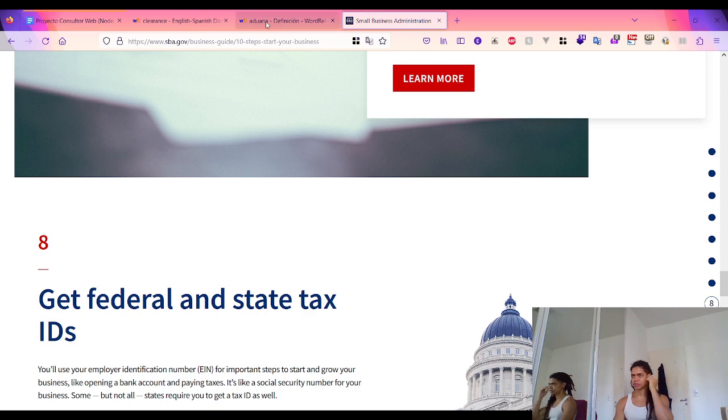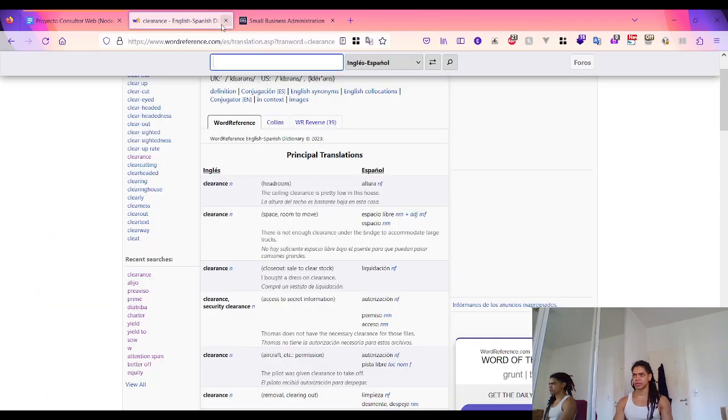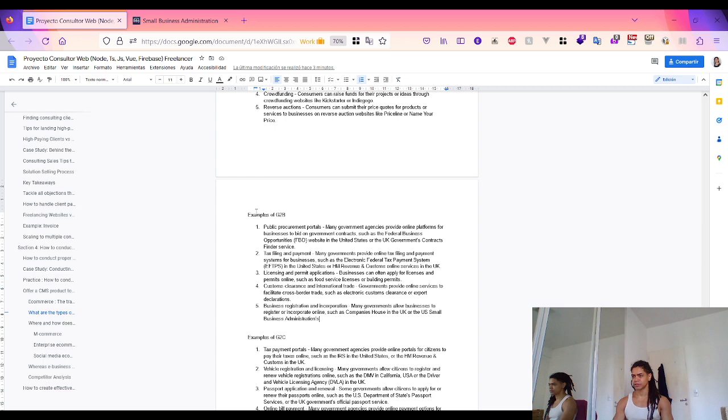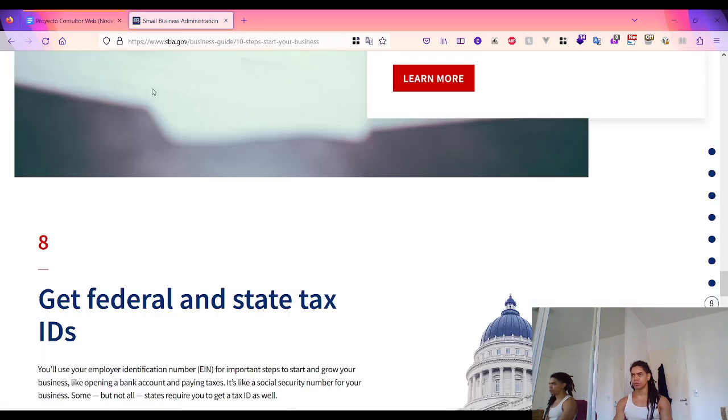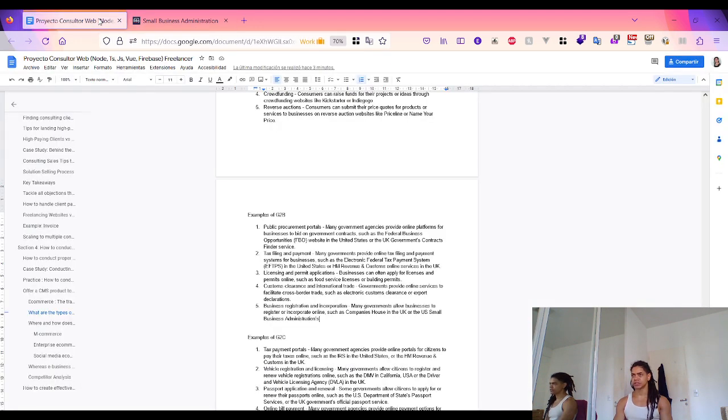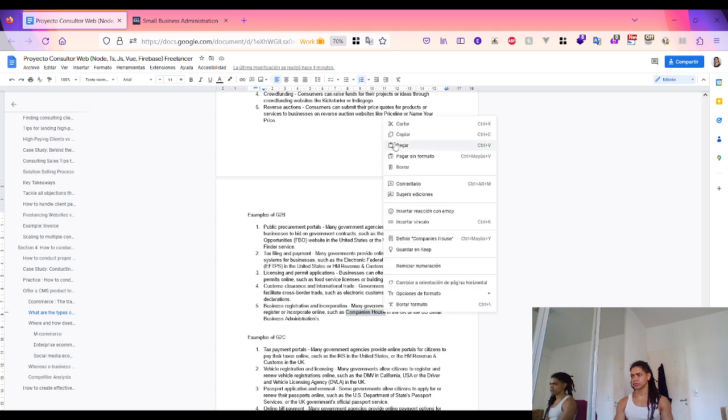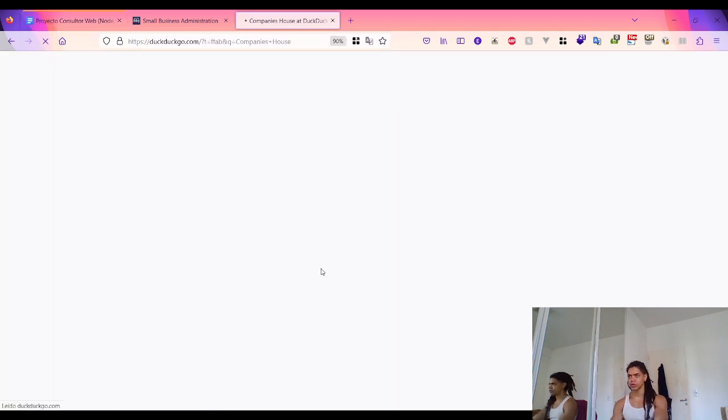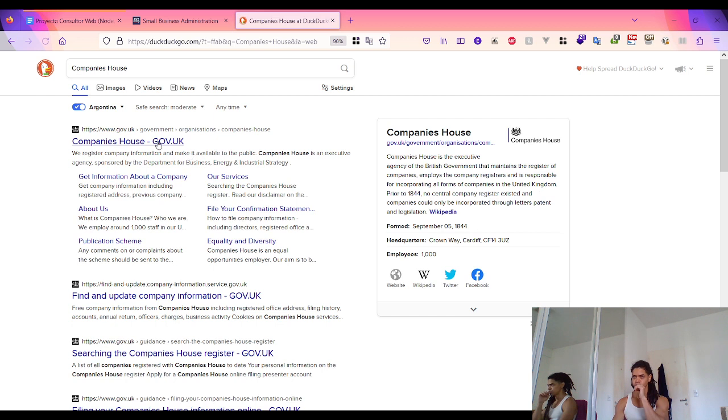This is exactly what I'm talking about: business registration and incorporation, where many governments allow businesses to register or incorporate online, such as the Small Business Administration in the US or Companies House in the UK.